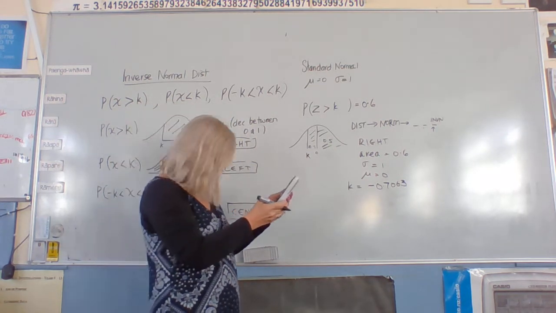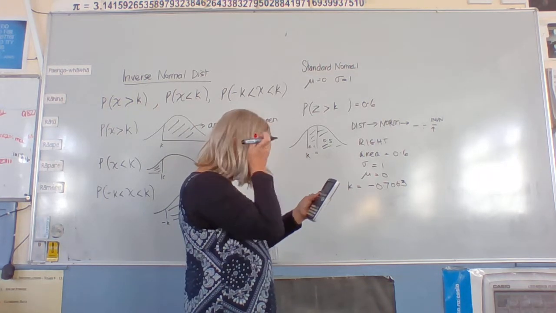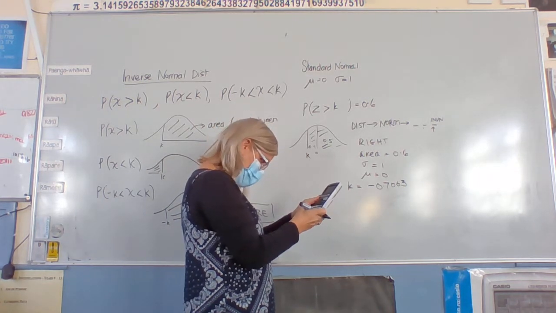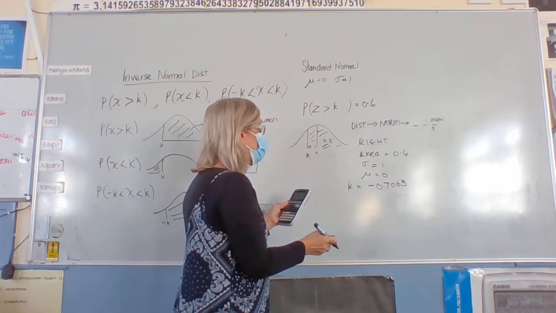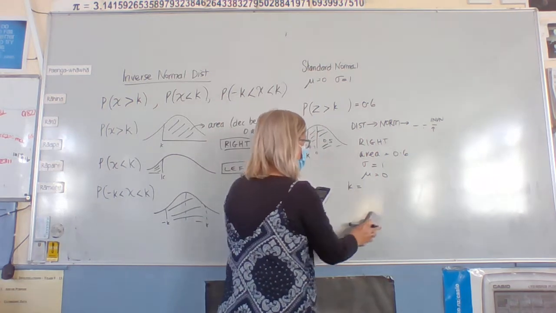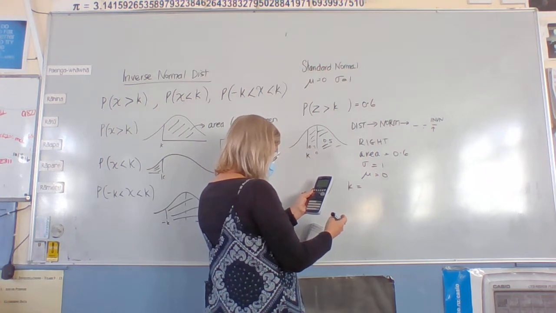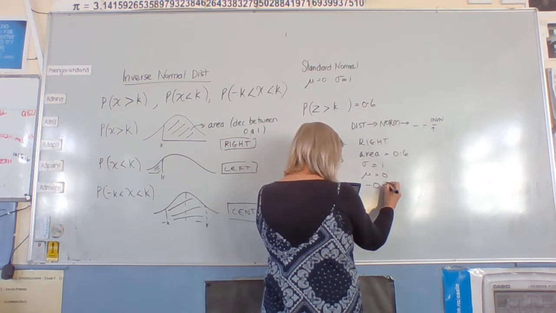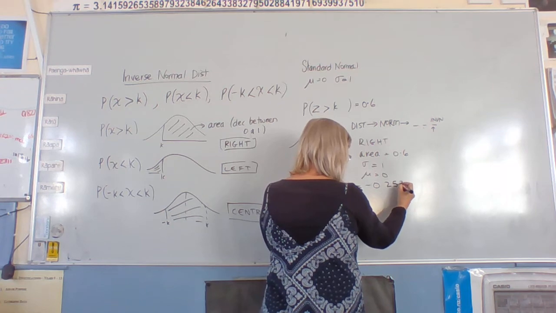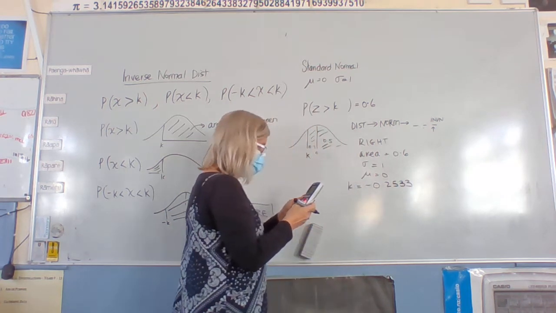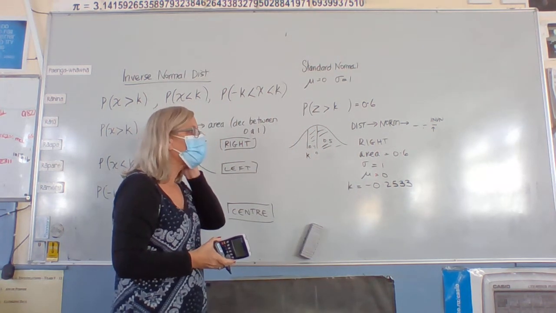I'll try entering it again. Okay, I didn't change the area, my bad. Somehow or other it came up as 0.7. Trying it again, we get negative 0.2553533. Okay. Right, happy with that?